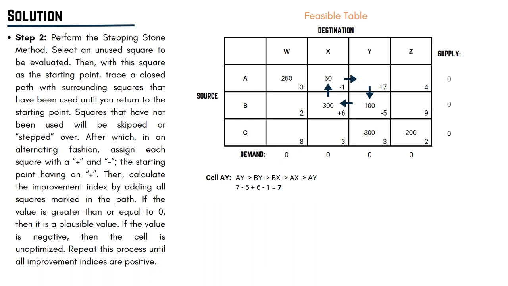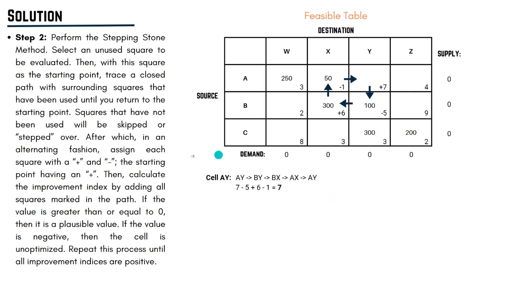Now as you can see, we would then designate a plus or minus sign to each square in an alternating fashion with the origin having a plus sign. So since AY is our origin cell, 7 will have a plus sign, 5 will have a minus sign, -5. Then alternately, 6 will have a positive, 1 will have a negative. Then we simply add these values. So we have 7 minus 5 is 2, 2 plus 6 is 8, 8 minus 1 is 7.